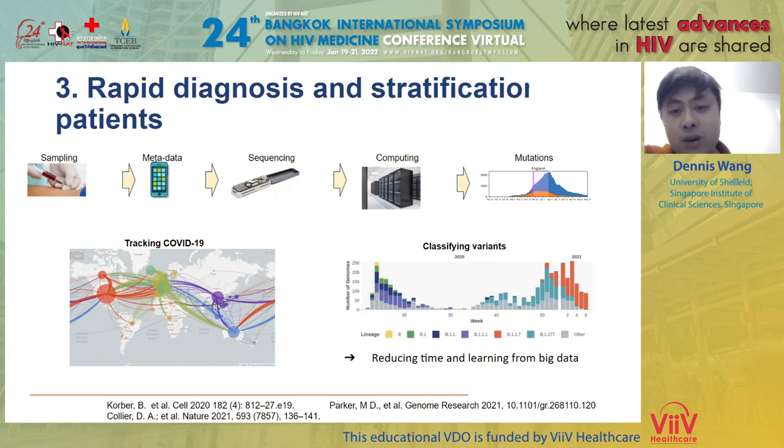So this creates vast amounts of data, which can inform the evolution of the SARS-CoV-2 virus throughout the pandemic, and we use classification algorithms to identify new variants in the SARS-CoV-2 virus that appear over time. And I think these algorithms, coupled with high throughput sequencing, really reduce the time to learn from large population data sets.